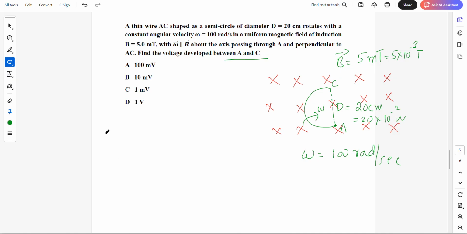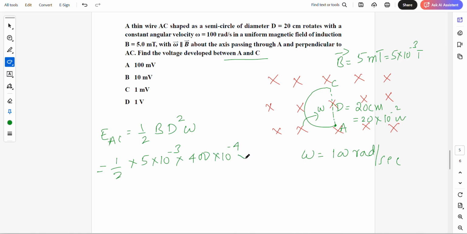What is the formula? The EMF induced between A and C is equal to half into B into L effective, nothing but D square into omega. That is equal to half into B, which is 5 millitesla, 5 into 10 to the minus 3. D is the diameter, that is called the effective length. 20 into 20, that is 400 into 10 to the power of minus 4.